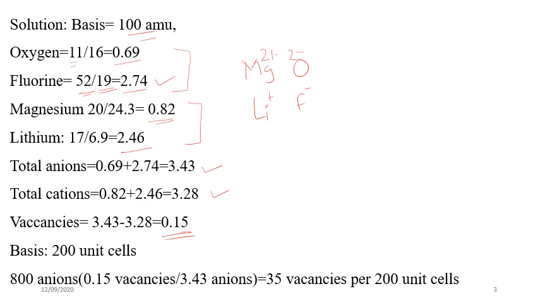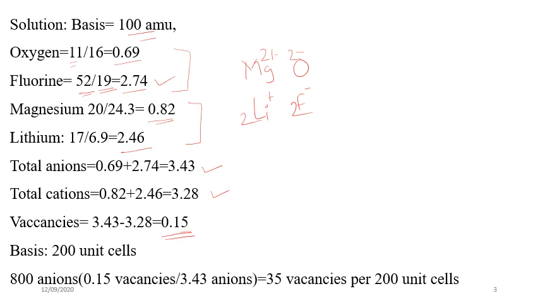So there should not be a difference in the total number of Mg ions and oxygen ions, but as Mg can be substituted by 2 lithium ions, and oxygen can be substituted by 2 fluorine ions, there is creation of vacancies. So corresponding to a 100 AMU basis, there are 0.15 vacancies.